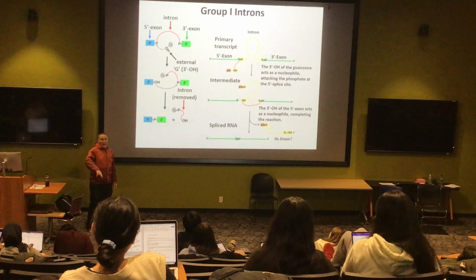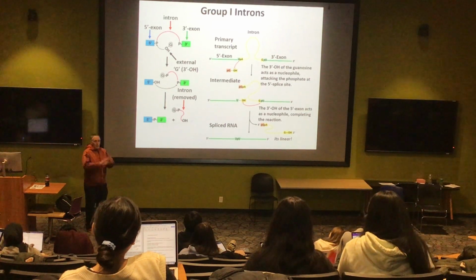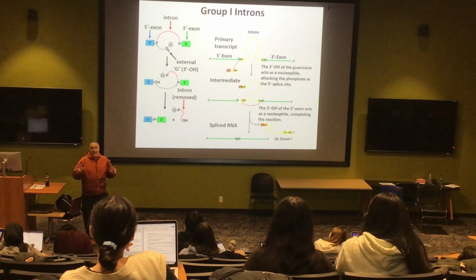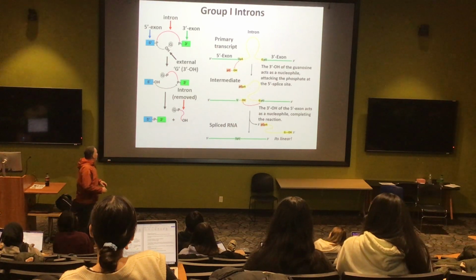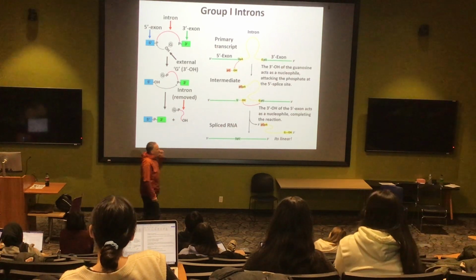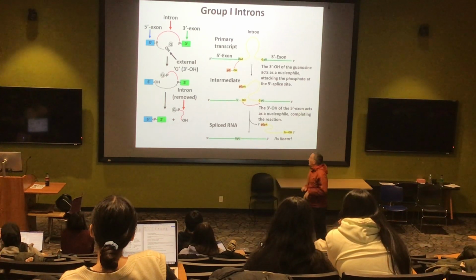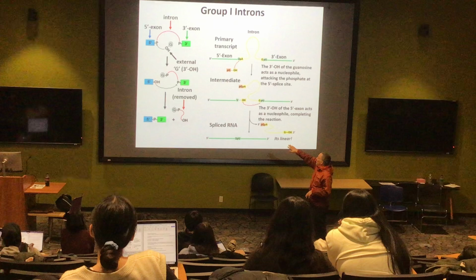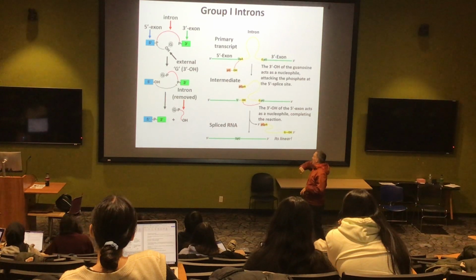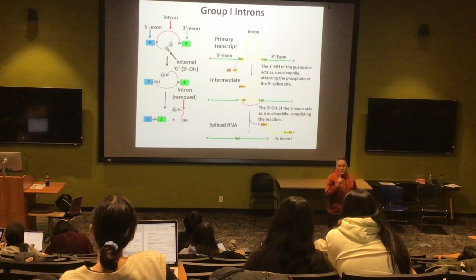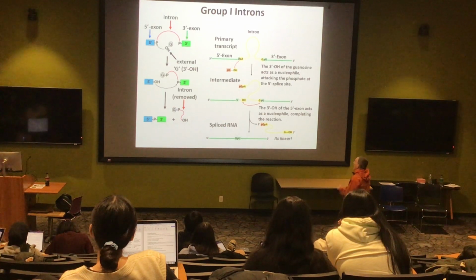In the second step of the chemical reaction, this is true of all group 1 introns, the free hydroxyl group from the 5' intron will attack the phosphate group that starts the 3' intron, and that completes the splicing. So the leaving group there is that entire intron, which has gotten one residue longer because of the use of this external nucleophile. What is the G?